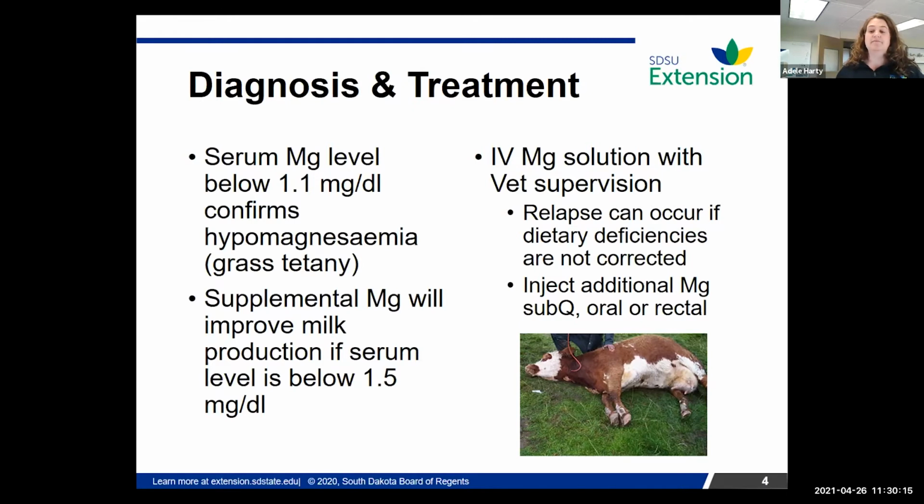And so because they are aggressive, you're going to want to make sure that you're prepared for that. But the challenge is because they've been so depleted in magnesium that they can relapse if dietary deficiencies are not corrected. And so some veterinarians may also inject additional magnesium subcutaneously, orally, or rectally to try to overcome any short-term deficiencies, but then you still have to focus on getting the dietary balance corrected.